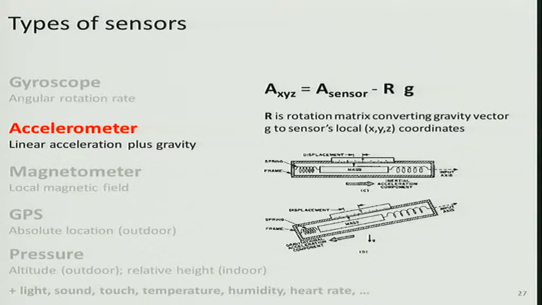So you'll see that, yes, that does show up, that there's this G term here for gravity, which gets rotated by the angle of the sensor, and so what we read out in terms of X, Y, and Z coordinates includes that.